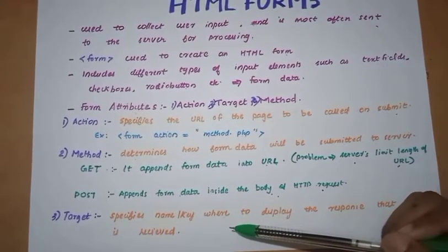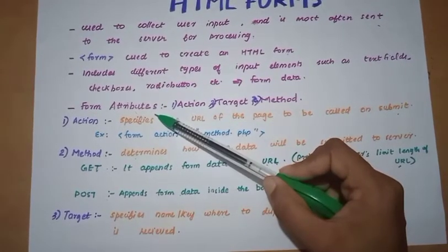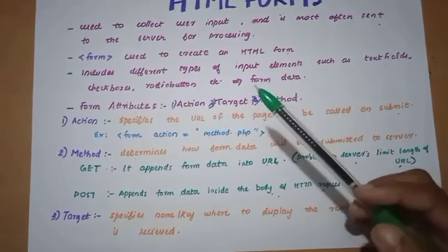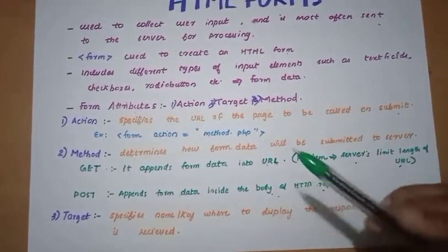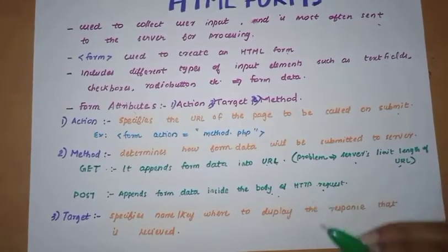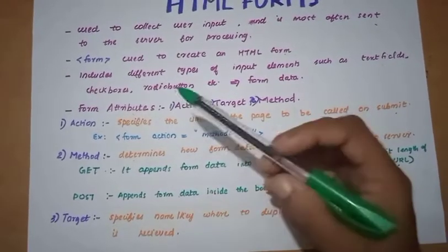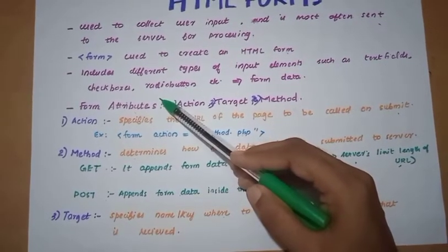So this is all about the attributes of form. We are always using dynamic forms, not static forms, because this is the scenario we are living in. We are always doing everything online. Why? Because this is getting more important. Got it?